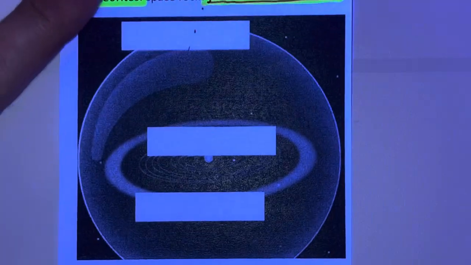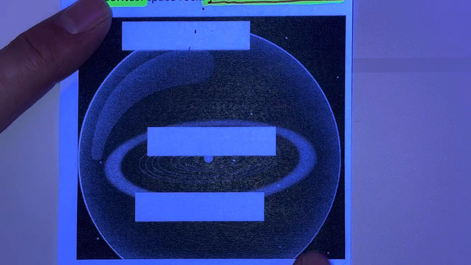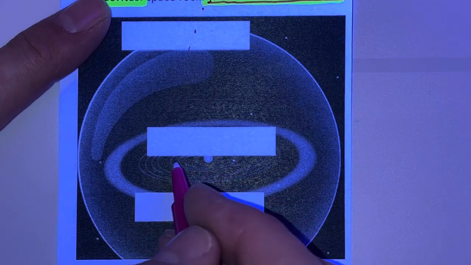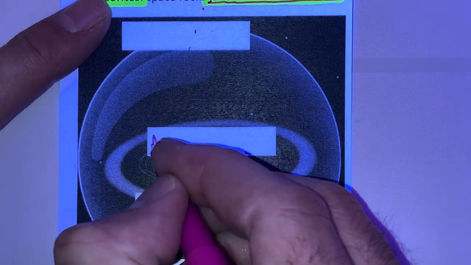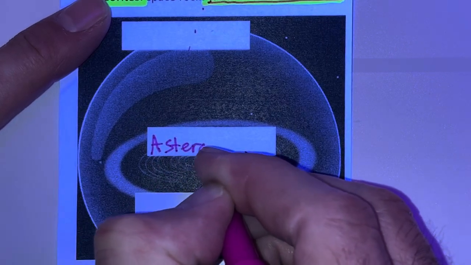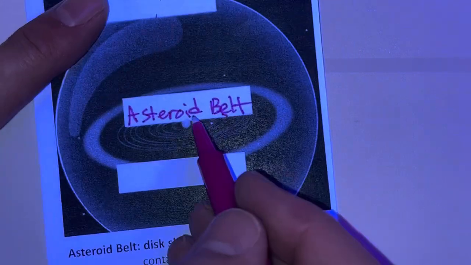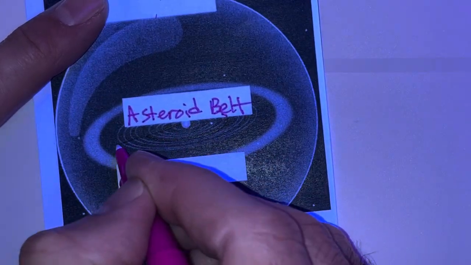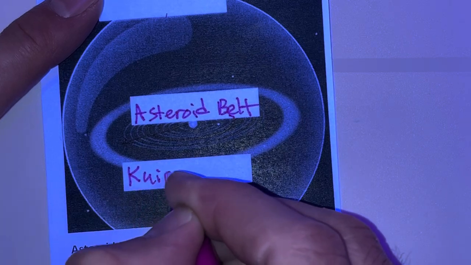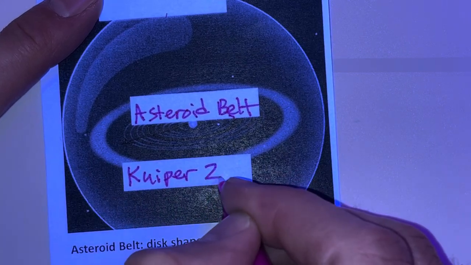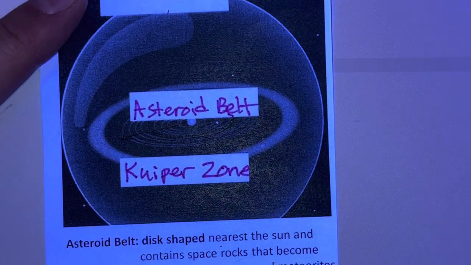All right, so down below, now looking at the complete solar system. Over here, closer to the sun, orbiting around the sun, this is going to be the asteroid belt. And then further from the sun, moving out, you're going to go out to the Kuiper belt. I'm going to use zone just to give us a different terminology here.